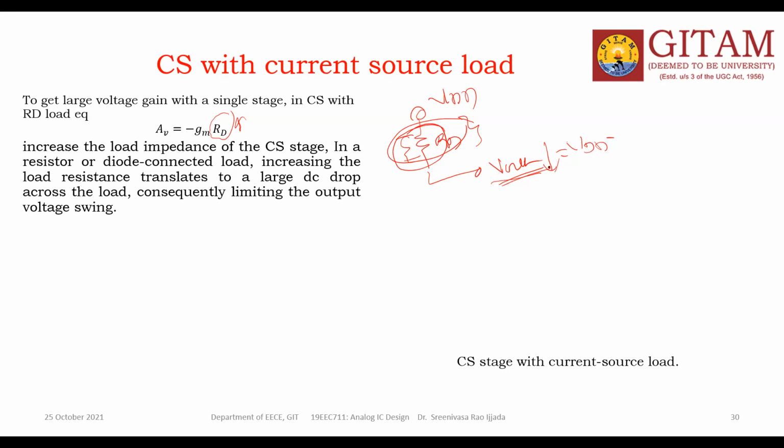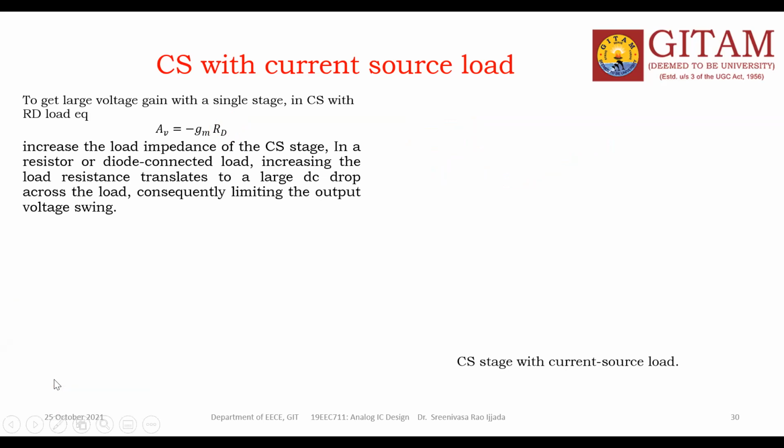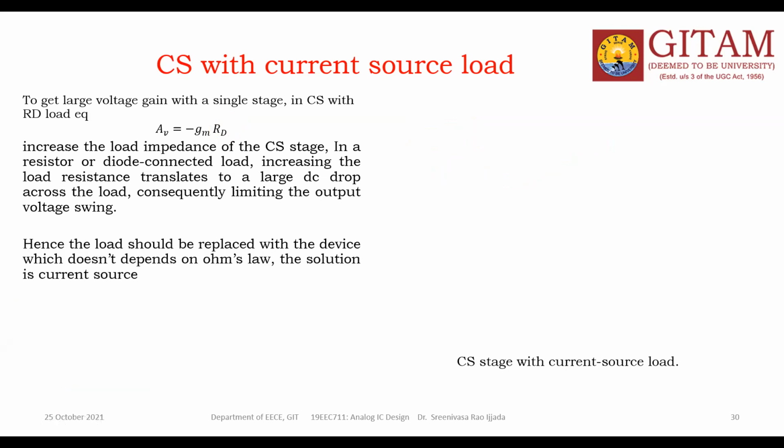What is the alternative that we want to see now? Hence, the load should be replaced with a device which does not depend on Ohm's law. The solution is a current source. What is Ohm's law?